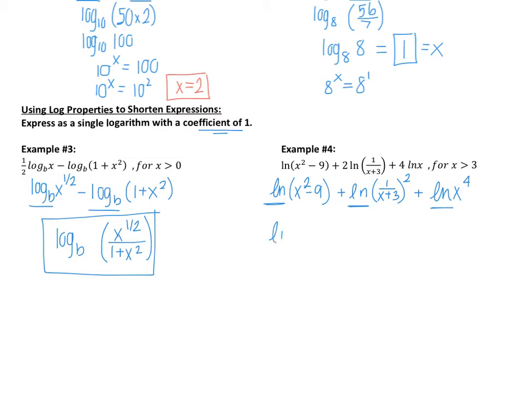So you're going to take that like log, but you're now going to multiply all the arguments using our properties from above. You have the like logs being added, so you're going to multiply the argument.